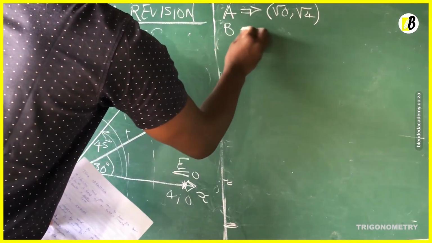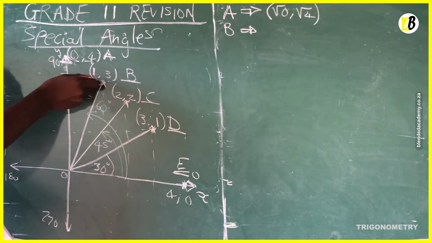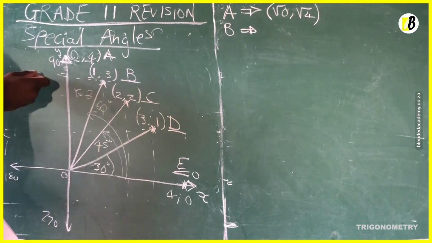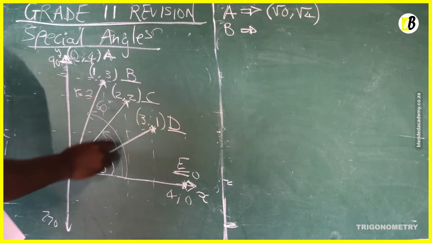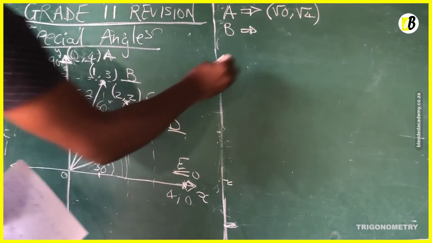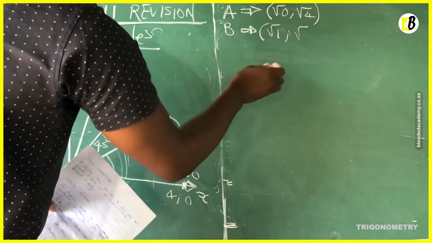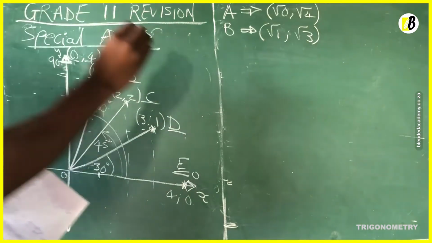And then point B, which is the point there, that's where our y is at 3 units, and then our x is at 1 unit. That means we're going to get square root of 1 and square root of 3. Those are our values for x and y.